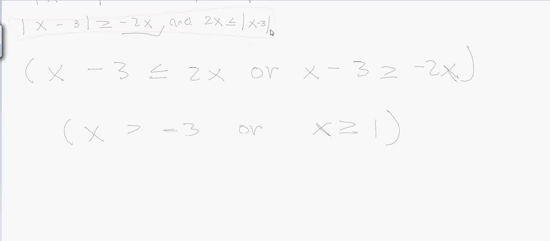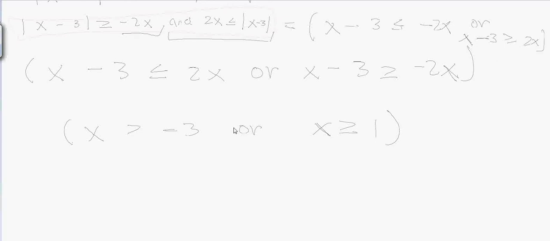x is greater than or equal to 1. Now, with this right here, this is essentially the same thing. You get x minus 3 is less than or equal to negative 2x, or x minus 3, sorry, this is minus, it's not negative, greater than or equal to 2x.